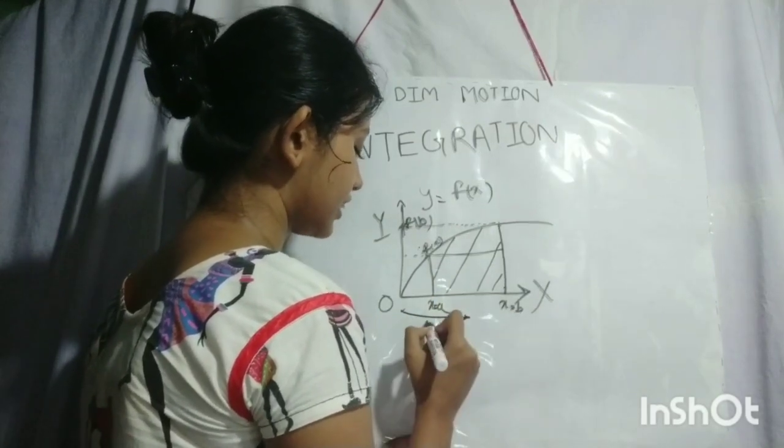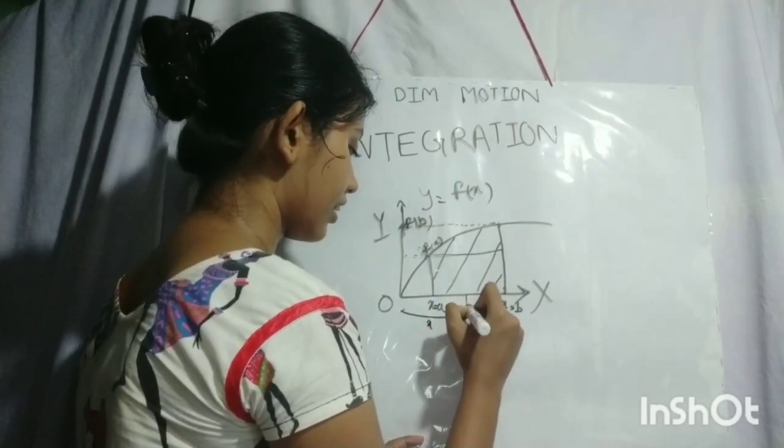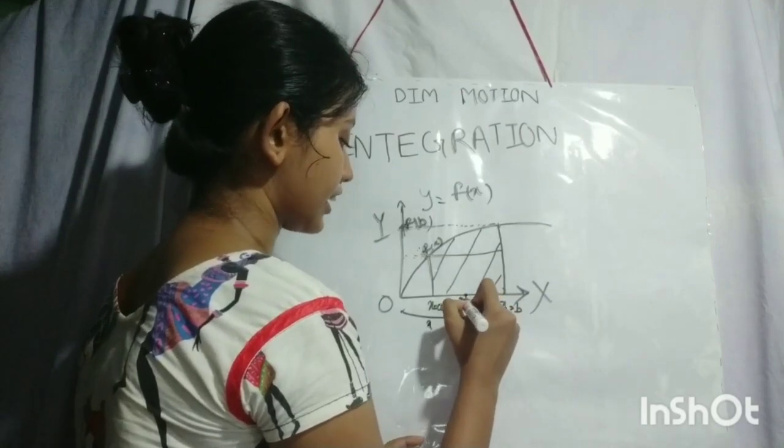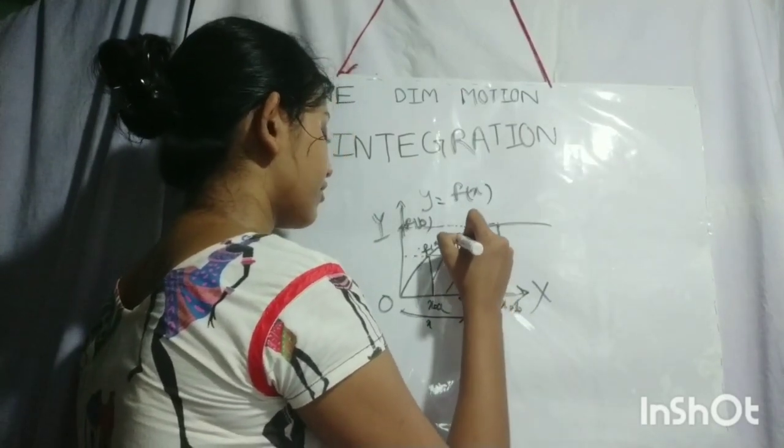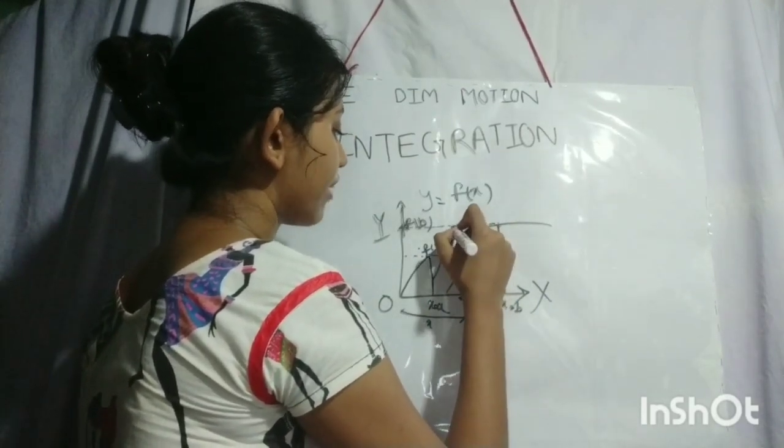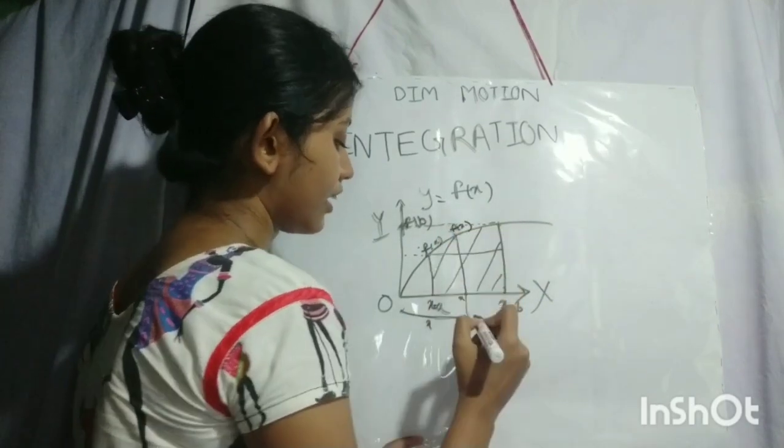From the origin, this point is x, so I will have a corresponding f(x).